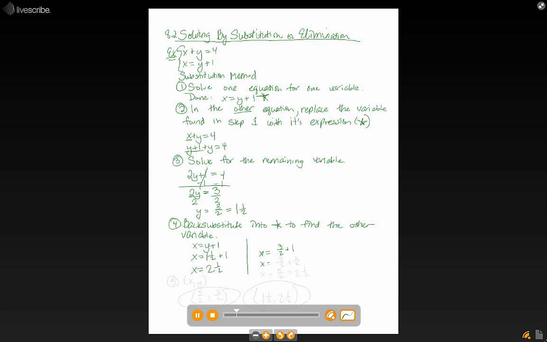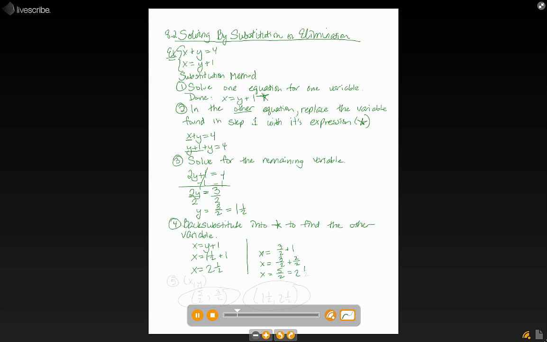So you would rewrite it as x equals 3 halves plus what? Plus 2 halves, right? Change it into a fraction, multiply top and bottom by 2. And then add the tops, you get 5 halves. Which is the same answer, 2.5, right?